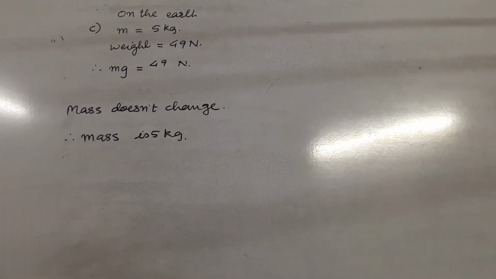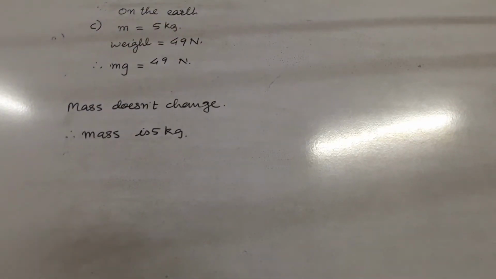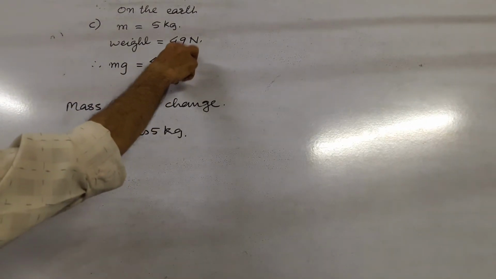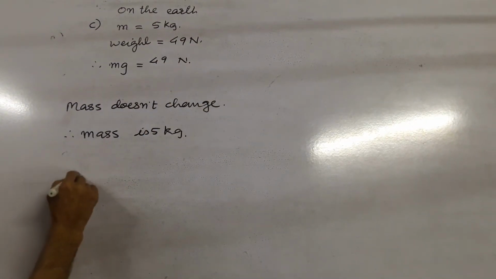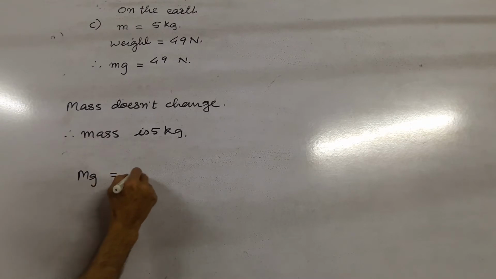Because mass we measure in kilogram, take note, but weight we measure in Newton. So weight is 49 Newton on the earth. So here mg is equal to 49 Newton.